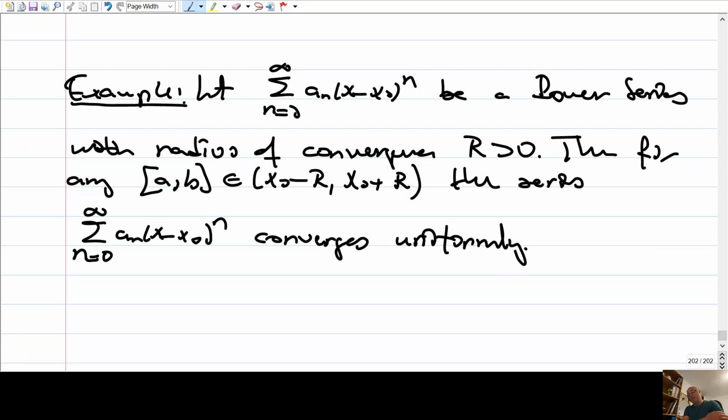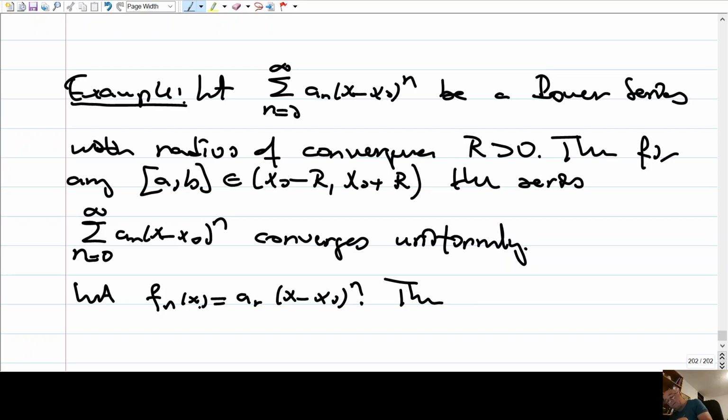So if I let f_n(x) be a_n (x minus x0)^n, then each f_n(x) is differentiable, or yeah, okay, let me consider this converges uniformly.